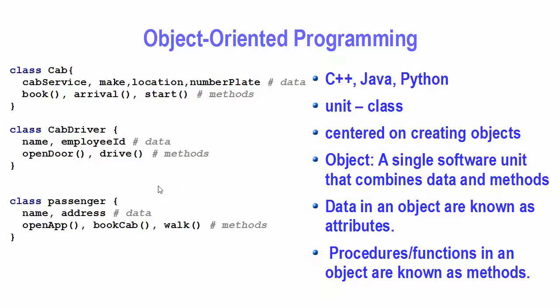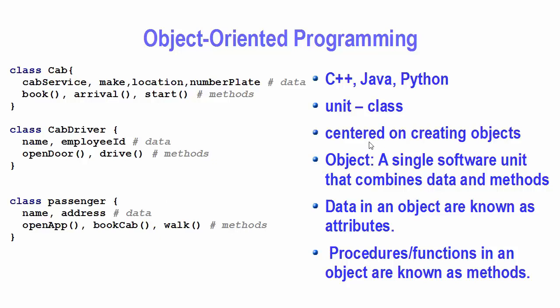Now these objects, for example a cab object and a passenger object, can exchange data between them also. So data is interchangeable between, for example, the passenger object and a cab object.